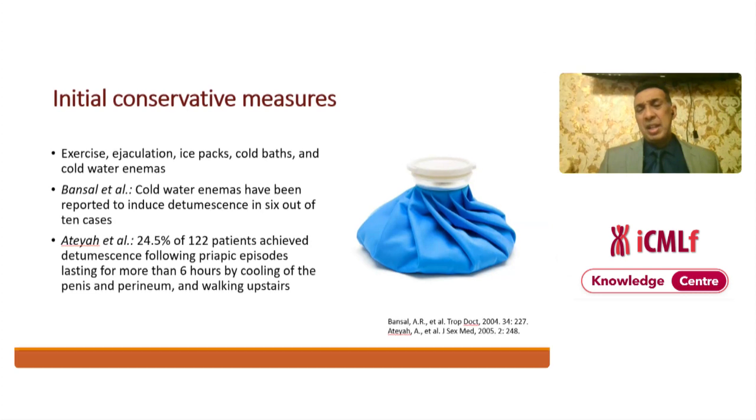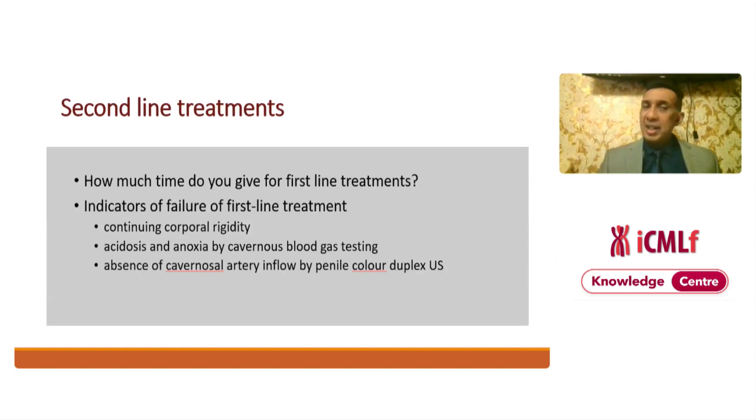So this is a very important technique which doesn't require money and can be done in any hospital, in a low resource or high resource country, and it gives some results and deserves to be tried. The second line treatment depends on how much time you give the first line treatment, and on indications of failure of first line treatment.